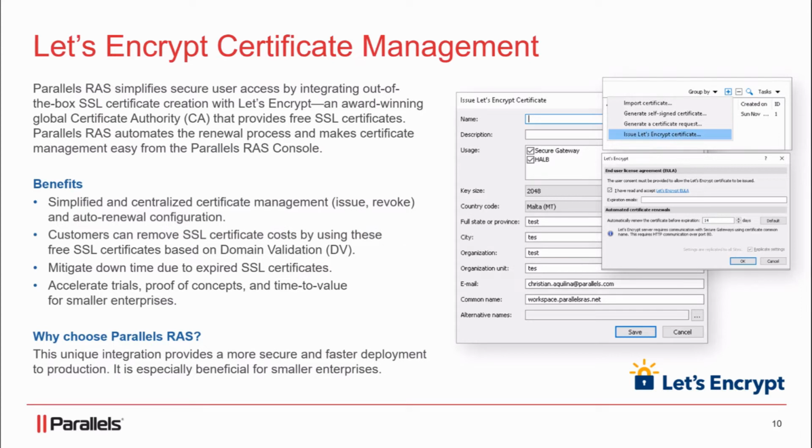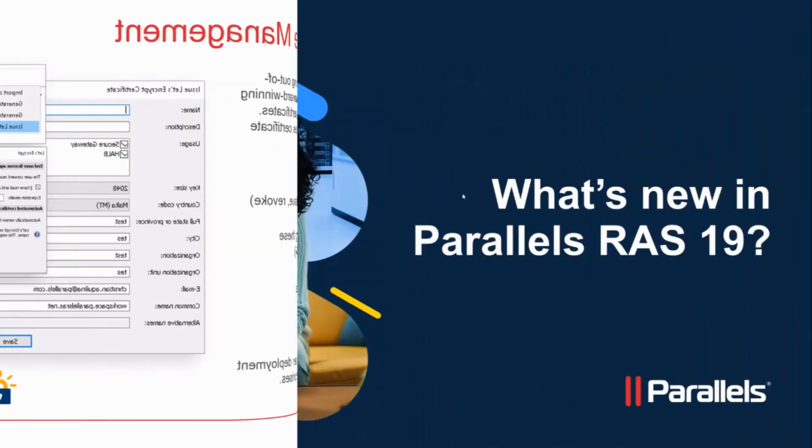Now, being able to get free certificates also helps accelerate trials, proof of concepts, pilots, and even speed up implementations, whether it's small enterprises up through large enterprises. Especially from the pilot and proof of concept standpoint in larger organizations, as we know, that typically involves having to go through different teams to get a certificate, and that can be time consuming.